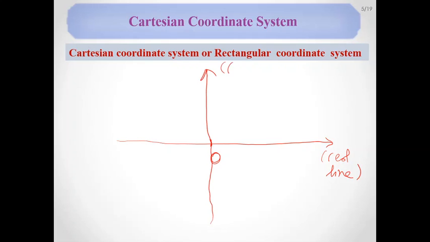It has 0 here, and the negative numbers are below, -1, -2, -3, and the positive numbers go up, 1, 2, 3. The two real lines intersect at 0. The 0 of this real line is here, and the 0 of this real line is here. So this is called the origin.